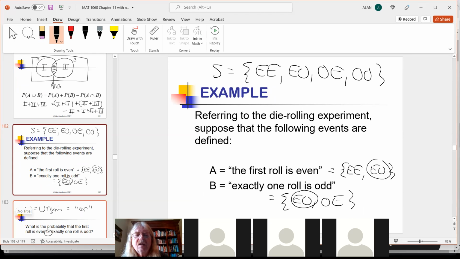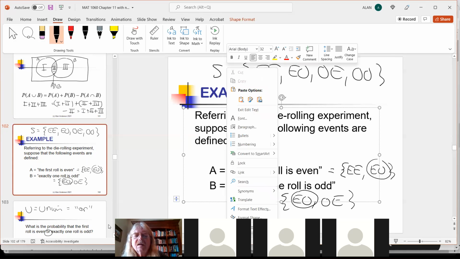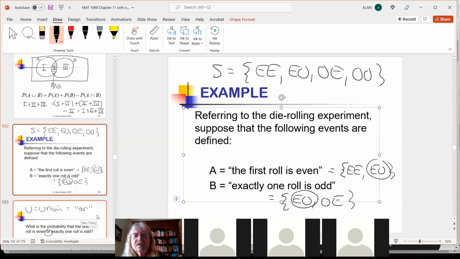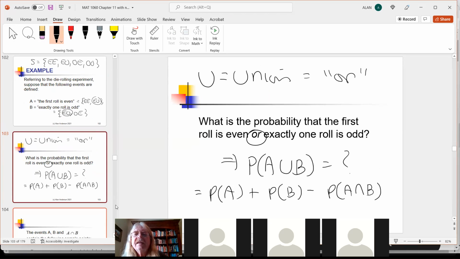Now, we're going to ask the following question. What's the probability that either the first roll is even or exactly one roll is odd? And that means we're using a union, which means we're also going to use the addition rule.